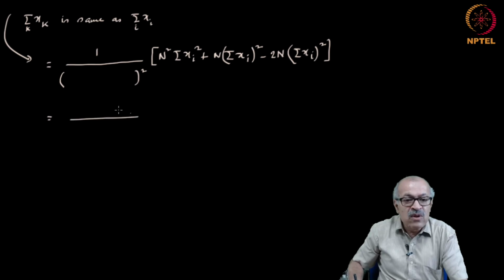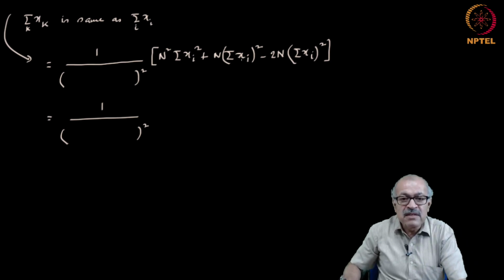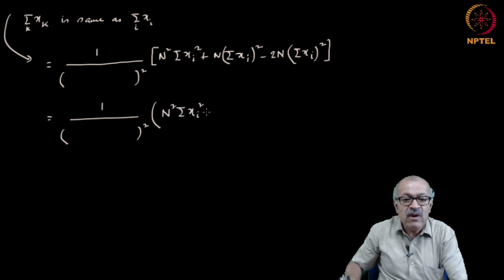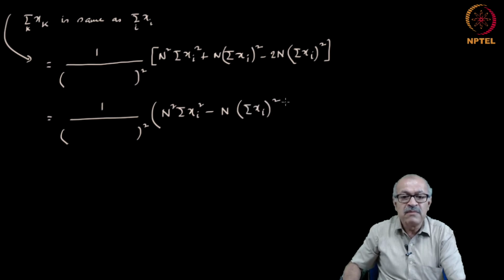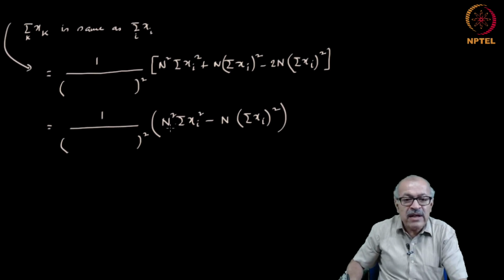This is equal to, again, 1 by whatever it was in the denominator, square. Now notice that this and that are the same, this is only twice of that, so we get simply n square sum over xi square minus again n, whole sum over xi whole square. Now you can take n common.